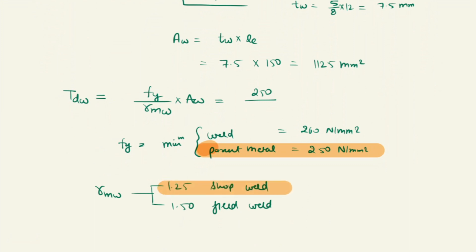We can also write that assuming it is a shop weld, but still it's normal to assume it like a shop weld if not given in the question. So 1.25 into area of weld is 1125. The answer we will get is in Newton. So the answer comes around 225,000 Newton, or we can say that it's 225 kilonewton. So this is our final answer.